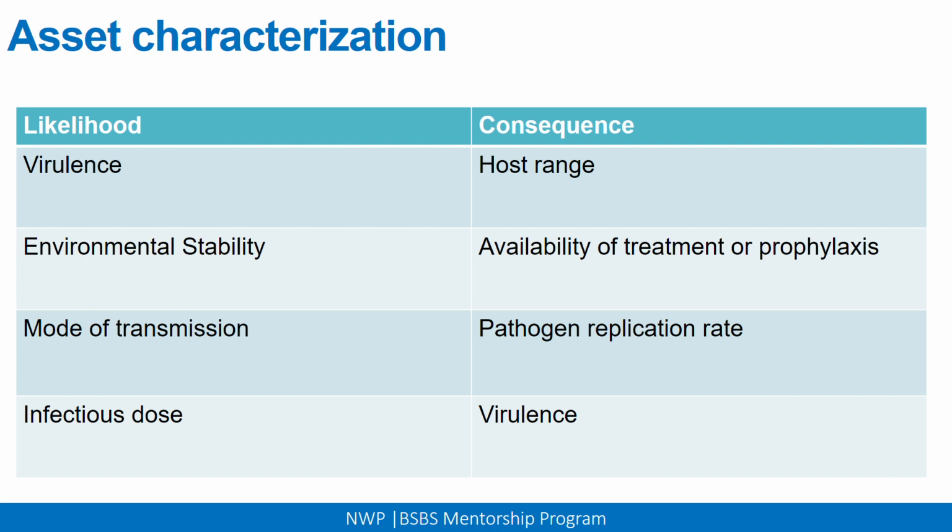So if this agent has a high virulence, then this agent will be more valuable to me as a thief, because I know if I get it, I can quickly manipulate it and I can quickly infect other people, and people can get sick. Therefore, the high virulence has increased the chances of this biological agent becoming an asset, because then it can be used as a bioweapon per se.